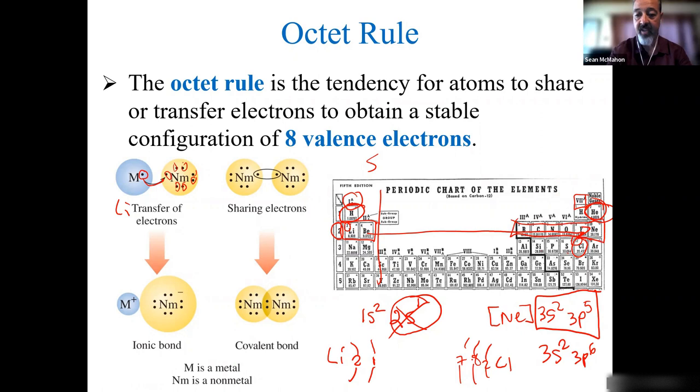And the next 7 are right here. So it's going to want to gain 1 rather than lose 7. And if it's by lithium, the chlorine's more than happy to accept that electron. And what ends up happening is the metal loses one electron.